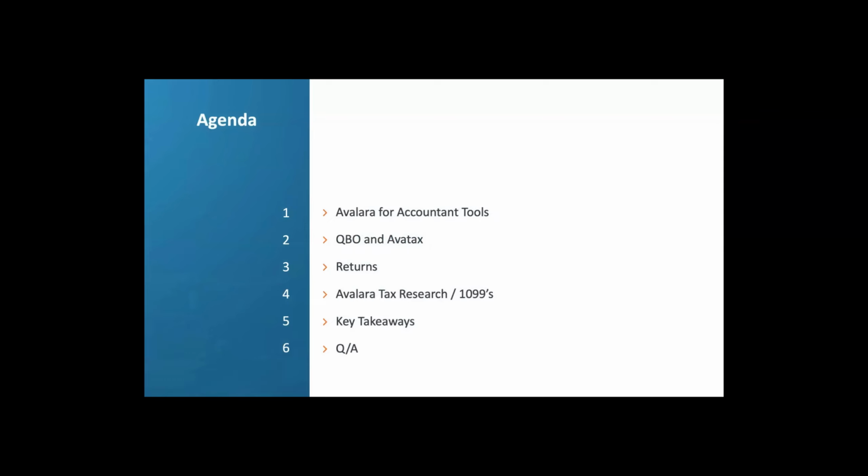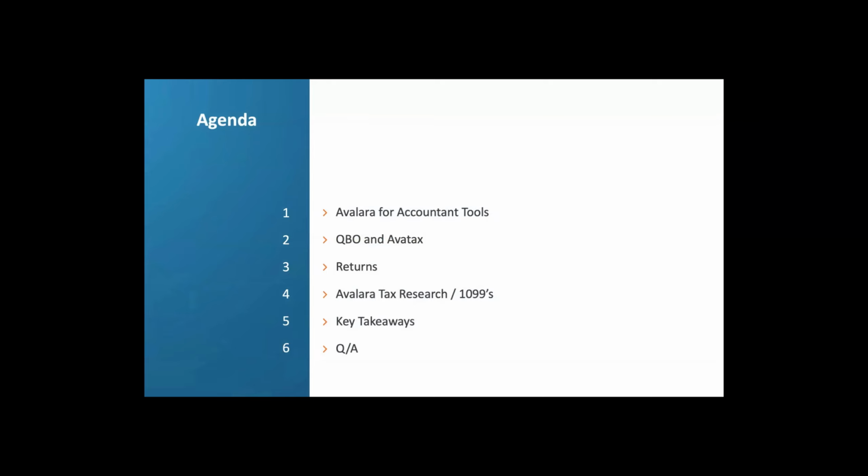Go ahead, John. Oh, hey, no worries. Thank you, everyone. Sorry we were scrambling there at the beginning. But we're gonna walk through a couple of things here. First, we're gonna talk about Avalara from the accountant point of view and what tools Avalara has. Then we're gonna talk about QBO and Avatax and how the two systems work together.